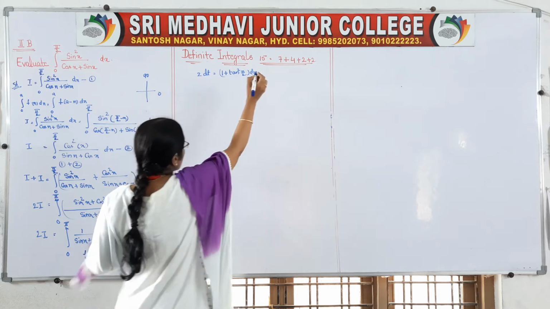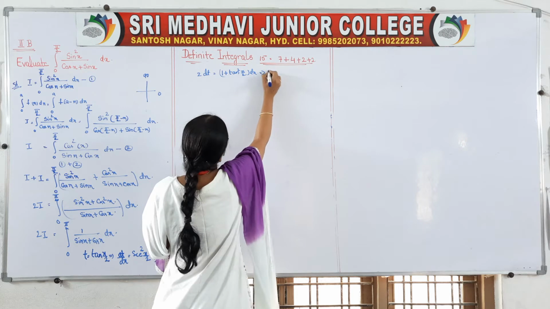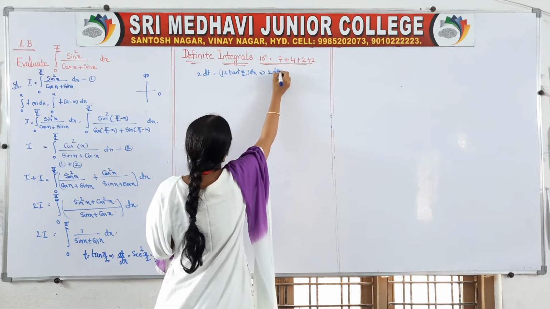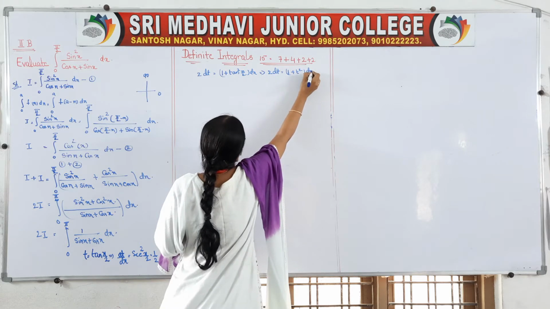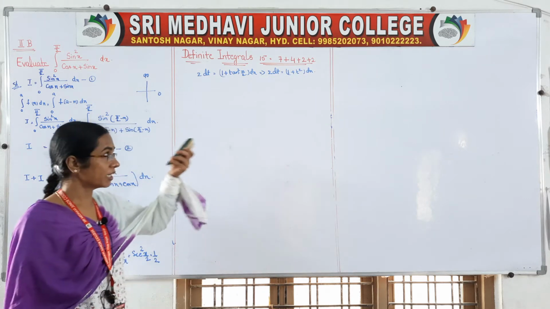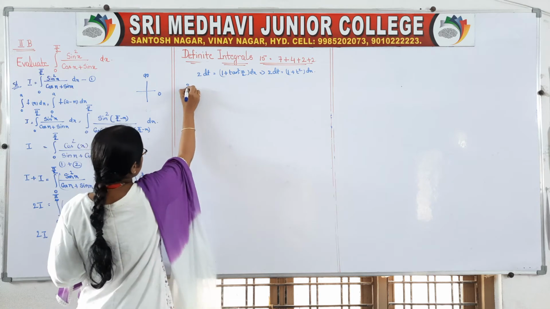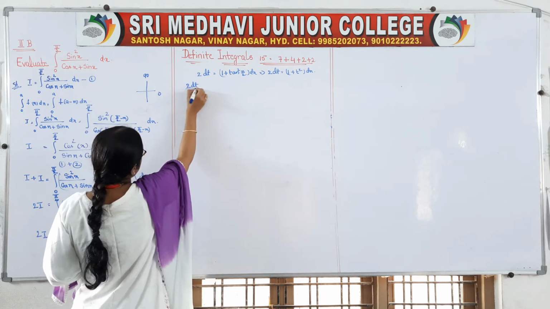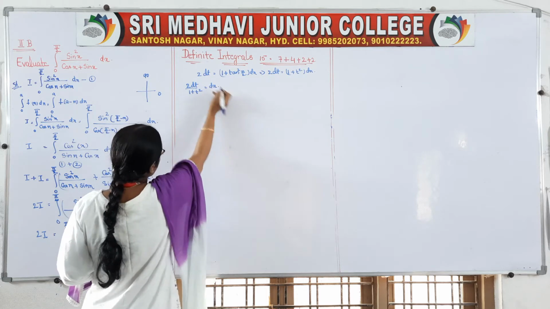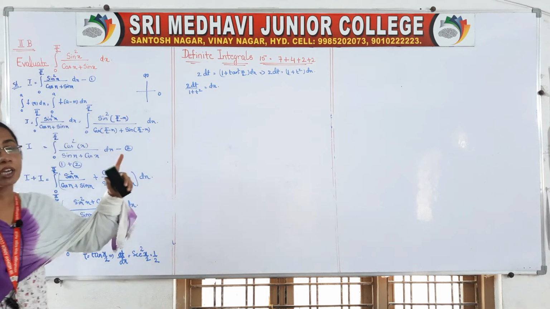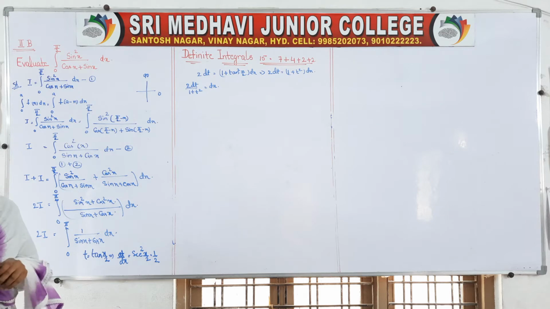So we can write this as 2 dt is equal to 1 plus t square dx. We want only the dx value, so send that 1 plus t square this side. So 2 dt by 1 plus t square is equal to dx. Now you got your dx value in terms of t.